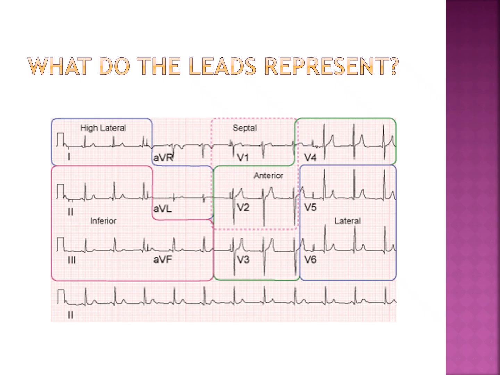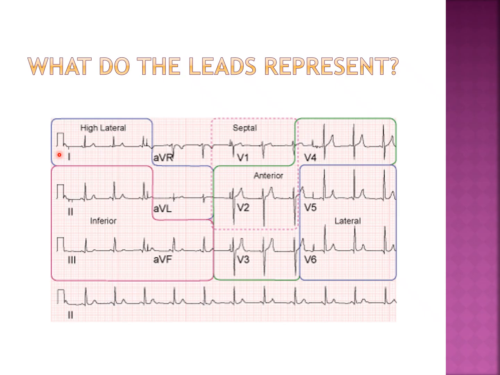So, if we think about it, go back and think about where our lead placements are. We have lead 1, which goes across the top, from the right arm to the left arm.